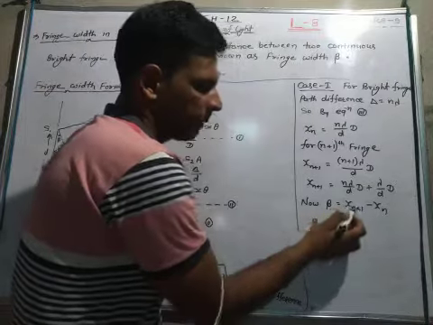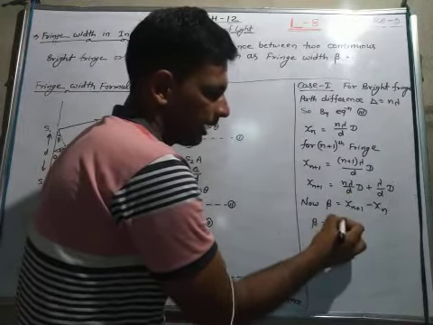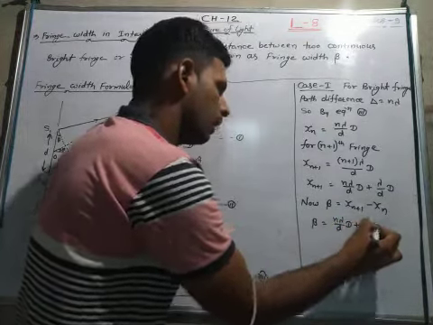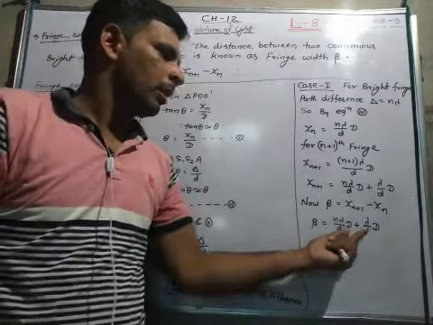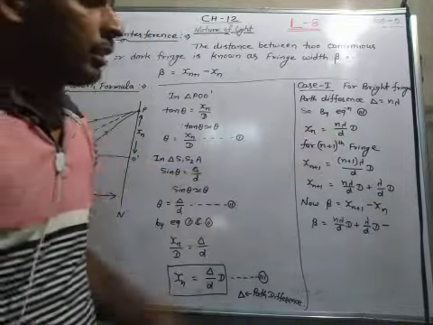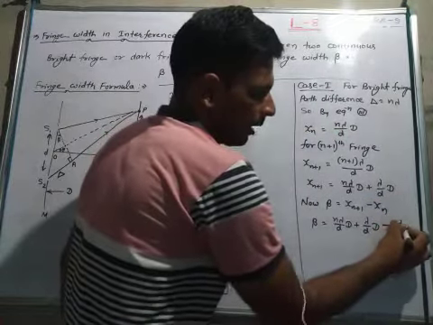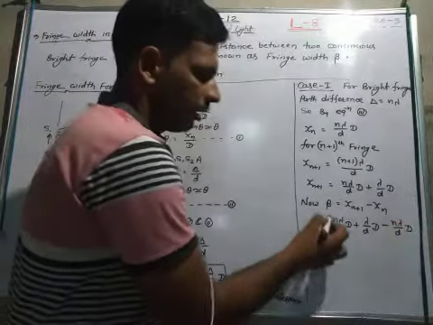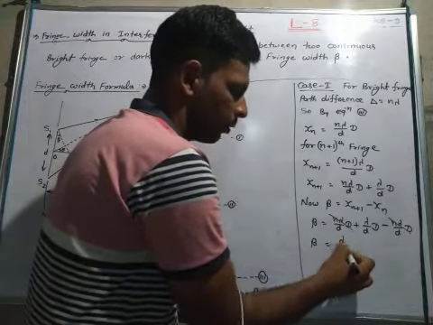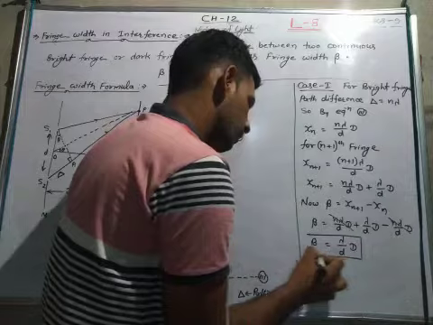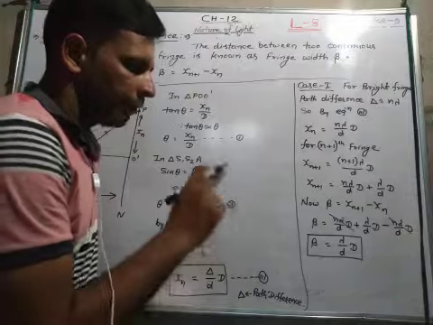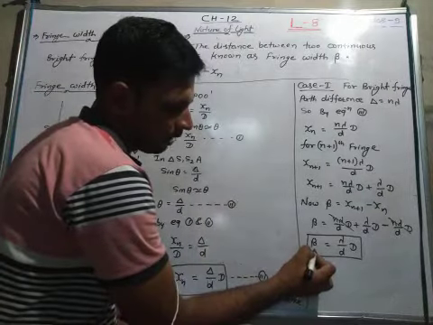The value of xn plus 1 is n lambda upon d into capital D plus lambda upon d into capital D, and xn is n lambda upon small d into capital D. The n lambda terms cancel, then beta is equal to lambda upon small d into capital D. This is the fringe width for bright fringe.